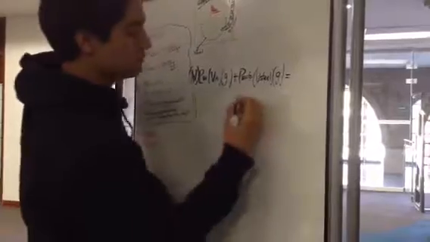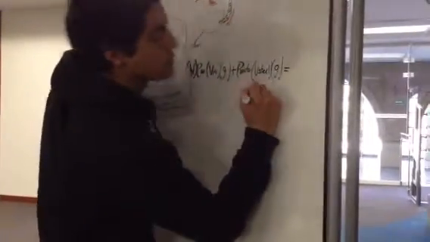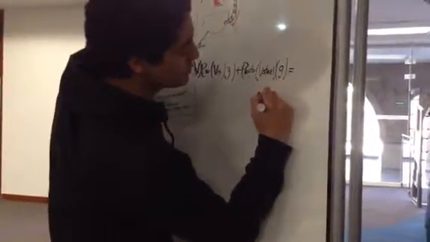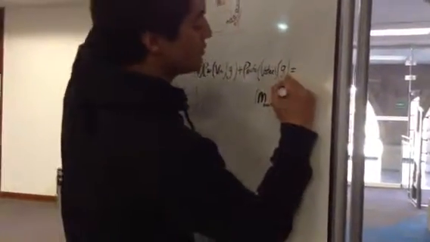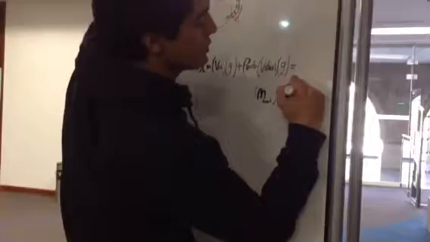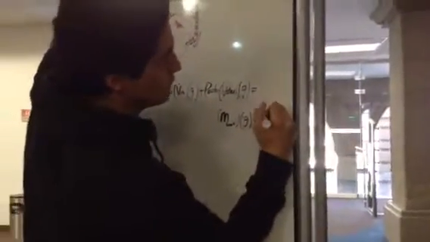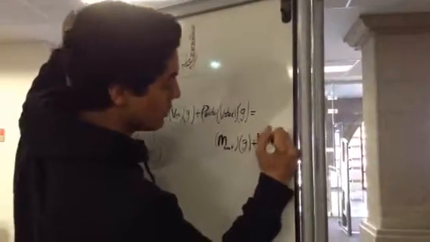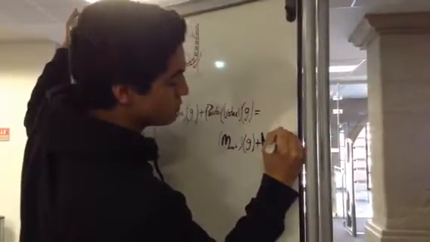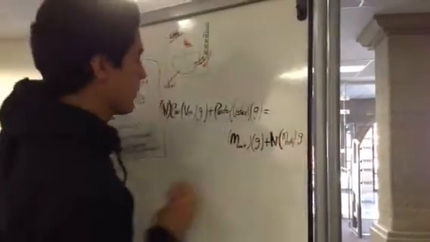That is equal to the mass of the boat times the gravity plus the number of balls times the mass of one ball times the gravity.